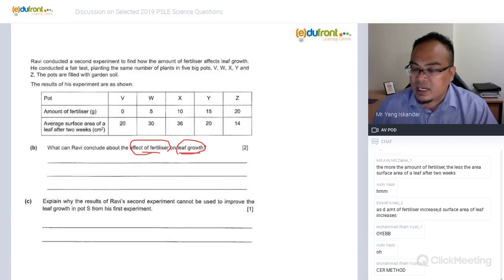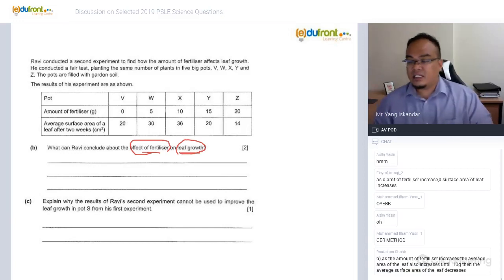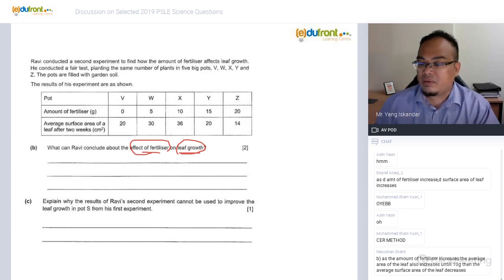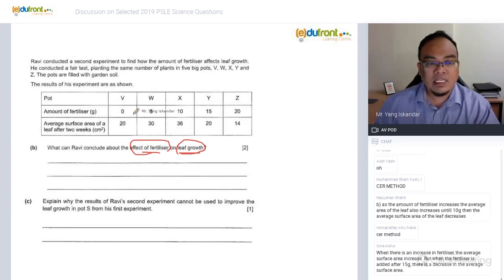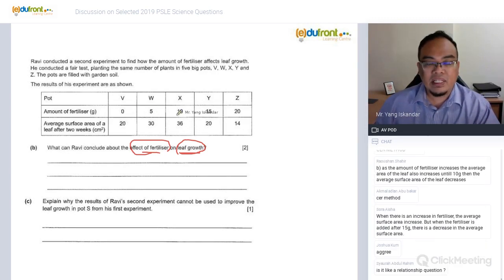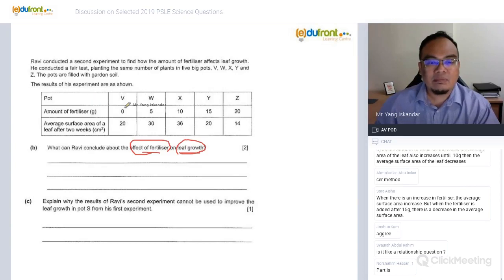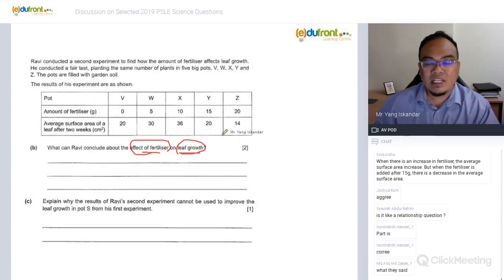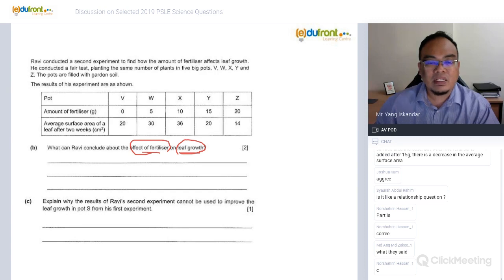Now, do you agree, class, with that answer? Take note, this is a 2-mark question. Some of you said, as the amount of fertilizer increases, the leaf growth increases. Or some of you said, as the amount of fertilizer increases, the leaf growth decreases. If you answer that, you either get 0 marks or only 1 mark. You take note here.